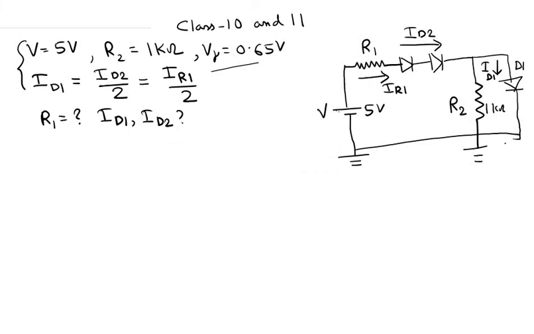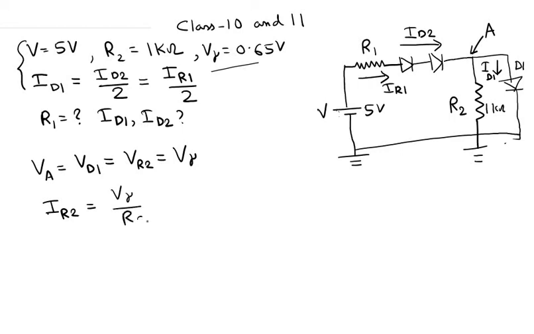Let us call this point A. The voltage at point A, VA, is the voltage across the diode D1, which is equal to the voltage across the resistor R2, which is equal to V gamma. So the current across this resistor R2 is V gamma divided by R2.